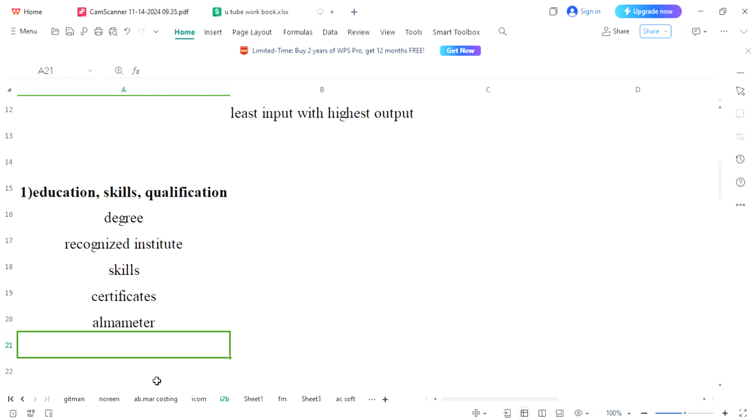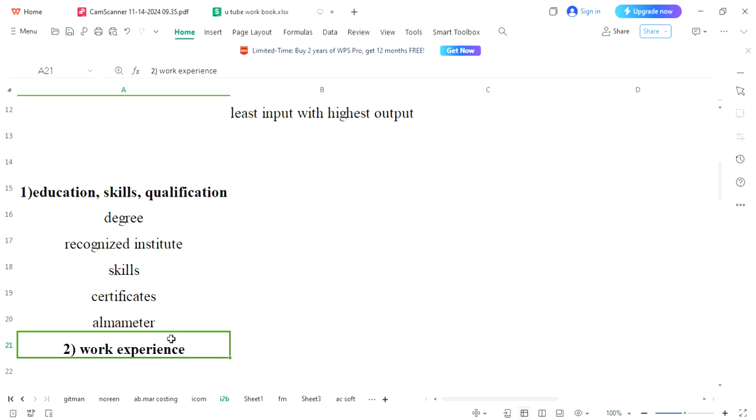All right, the second most important thing is his work experience. Now consider a person has a good degree and he has taken this degree from a recognized institute. He knows how to make journals, ledgers, balance sheets. He has certificates, but unfortunately he is fresh. He does not have any work experience. What will happen?